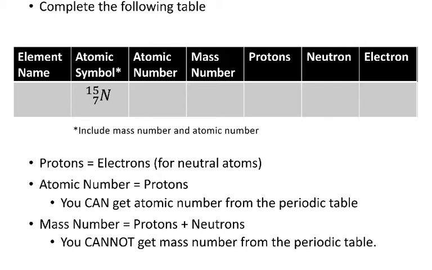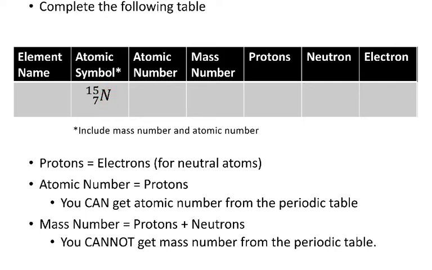All right, and then this chart is representative of how I often like to ask these questions. So I'll give you one or more entries in the chart, and then you have to fill the other ones out. All right, so if we do this one, we may need to do the order of the items in the table differently depending on what information we have, but in this case, I think we can kind of work our way across.